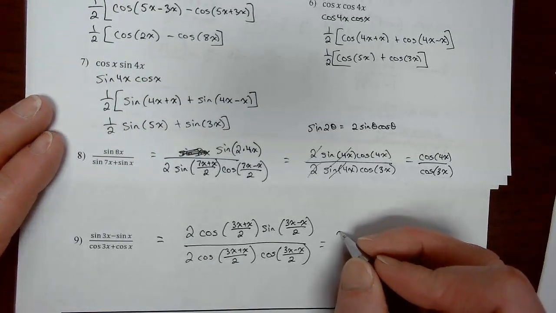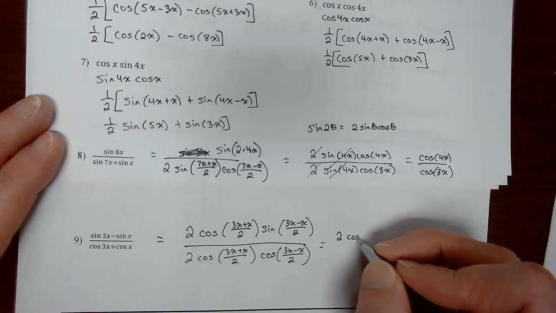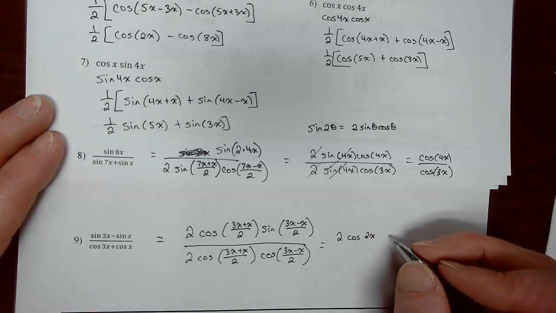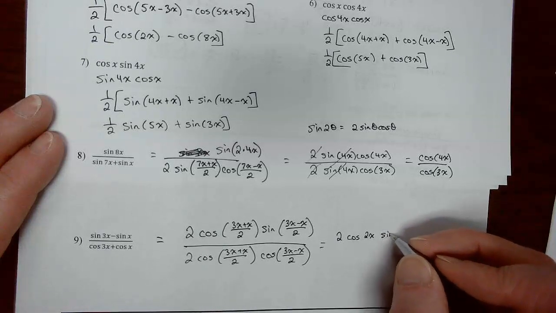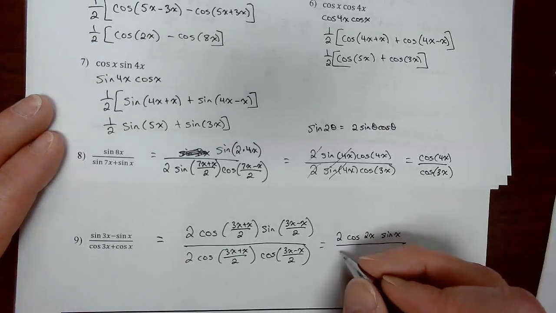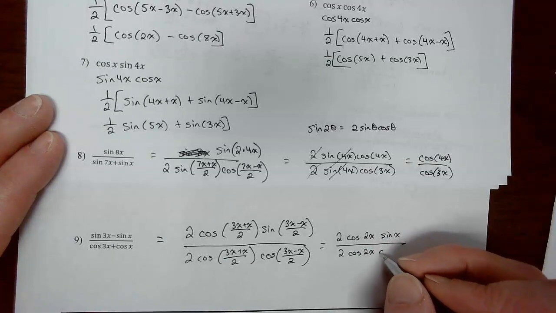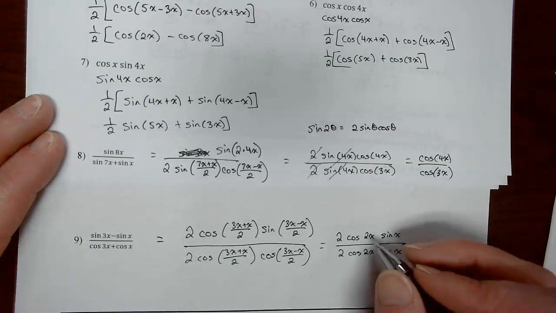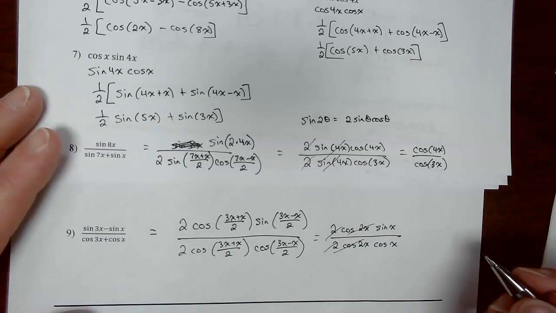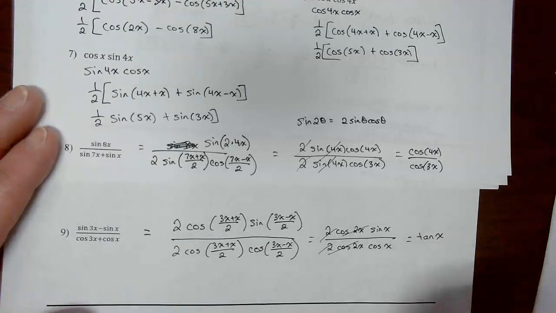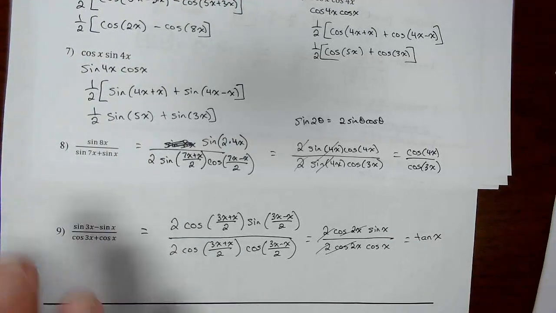Now we're simplifying. 4x divided by 2, 2x divided by 2, wait, that's just tangent. How beautiful it is.